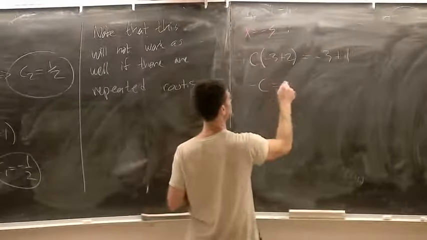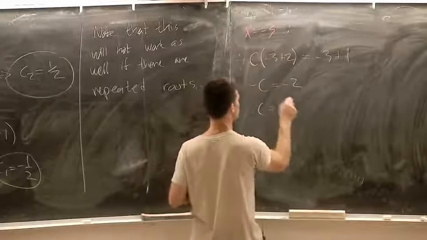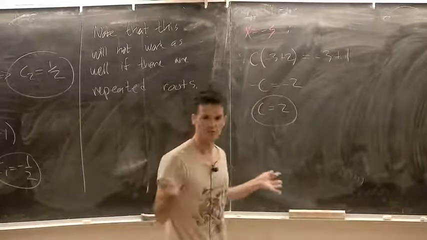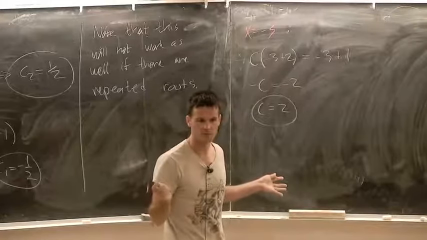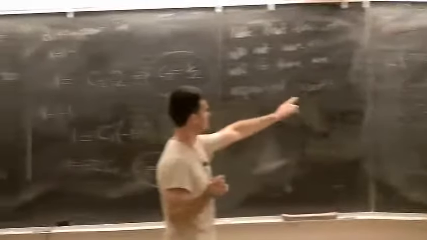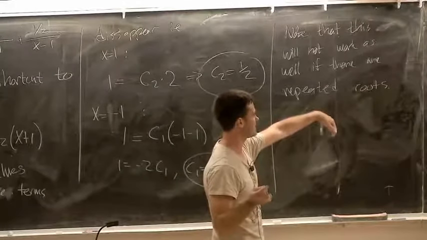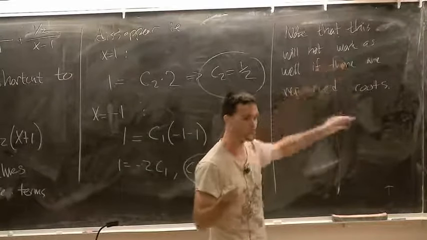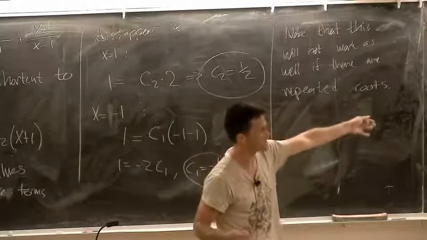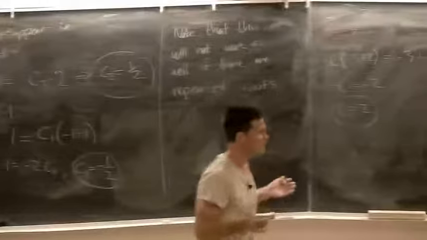So negative C equals negative 2, so C equals 2. But those are all the numbers I can plug in, right? Those are all the roots. The problem that arises is I don't have enough roots to plug in to find all three of the constants. I only got A and C. I still need to get B.